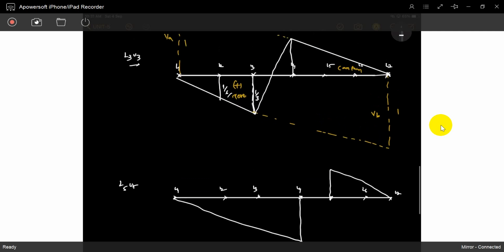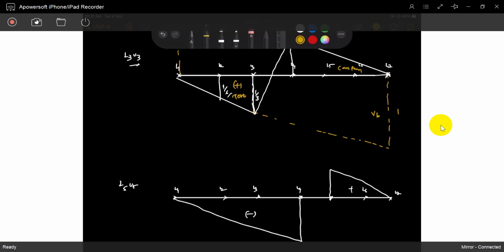But exactly opposite: this is negative, this is positive. A replica. Otherwise you can calculate it here, no problem. Just exactly opposite. Just add it. So sorry, I will add with white color.